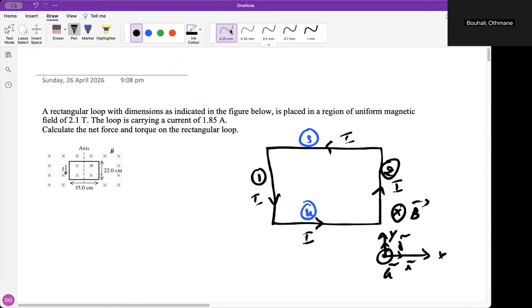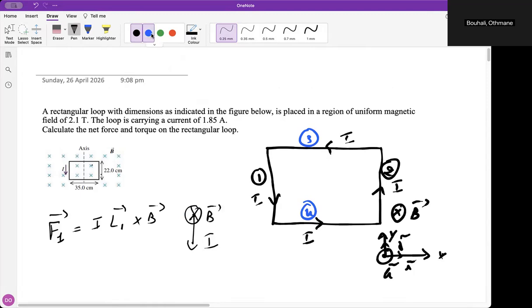So the first thing is, what is the magnetic force on side 1? The magnetic force on side 1 will be equal to I L1 cross B. The current I is going this way, and the magnetic field is going into the page.